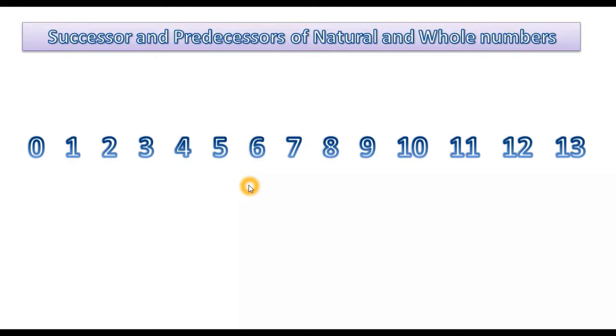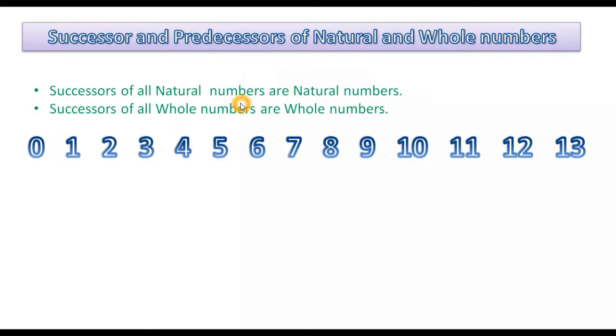When we start looking at the successor and predecessor of natural and whole numbers, we conclude certain points. For example, we conclude that the successor of all natural numbers are natural numbers. You think of any natural number, their successors will be natural numbers, because natural numbers start from 1 and go to infinity.